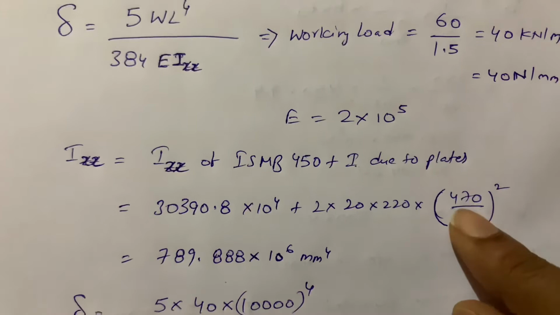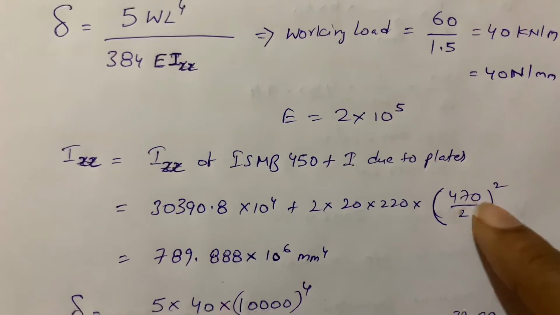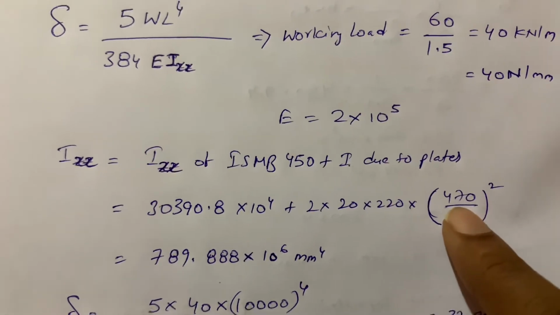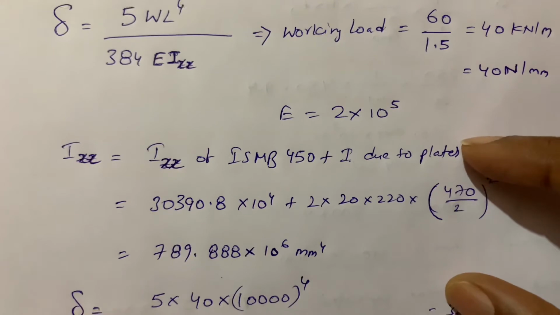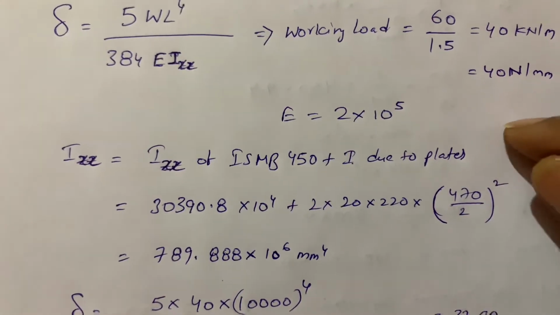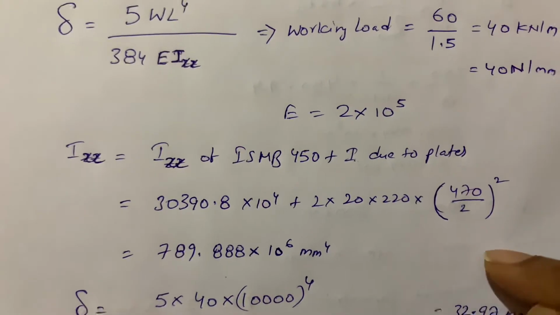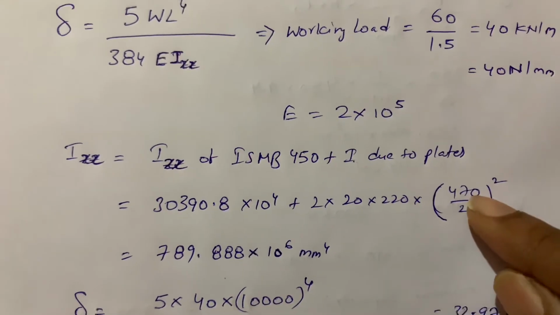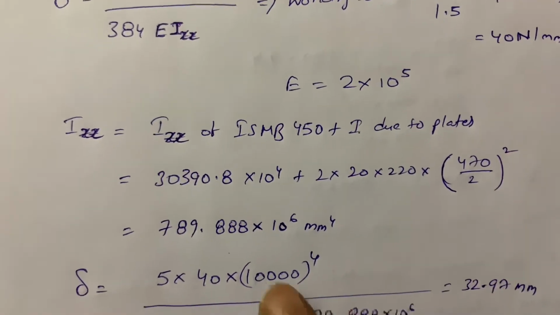Here we are going to calculate the depth. The formula is d by 2 whole square. 470 is nothing but 450, the depth of the web, plus 10, half of the thickness of the flange, and another 10, half of the thickness of the other flange. So 450 plus 10 plus 10, that is 470, by 2 whole square. So I got this value.